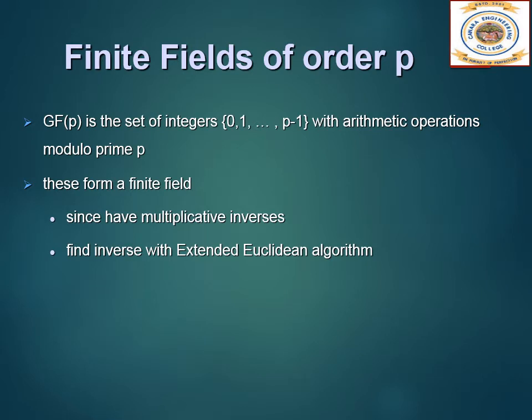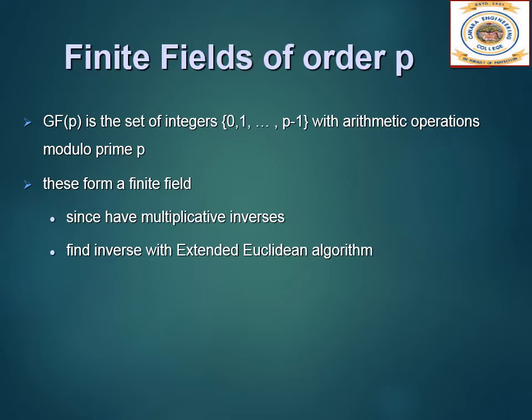For a given prime p, we define the field of order p. GF(p) is the set of integers 0, 1, up to p minus 1 with arithmetic operations modulo p.